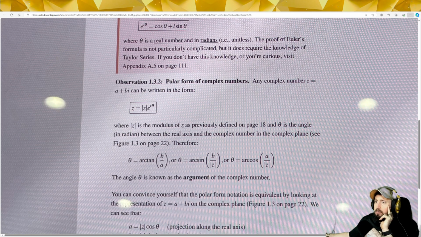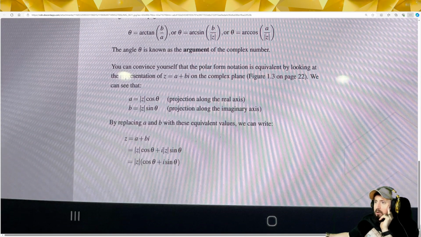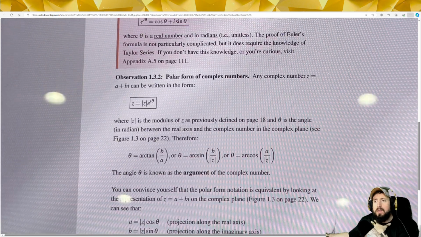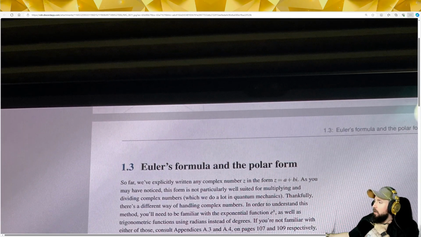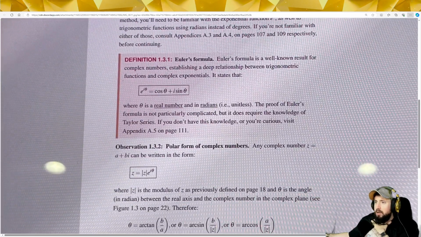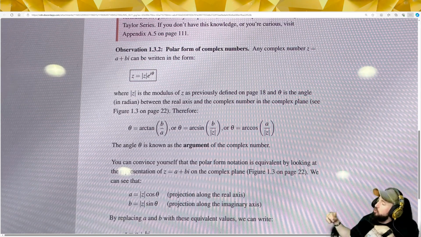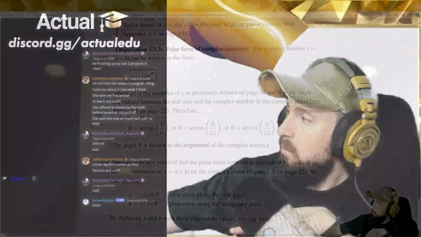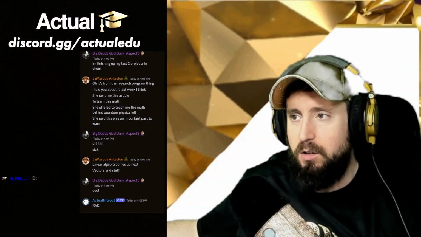Z is the modulus, the magnitude. It's like the radius of it. This is super important when it comes to complex numbers, because you start doing things in what is called the complex plane. You have a real axis and an imaginary axis. And it is very useful for trig and whatnot. You use a lot of trig, a lot of sines and cosines.